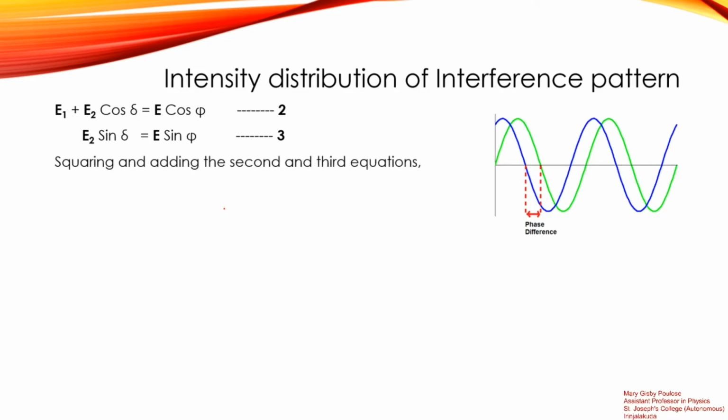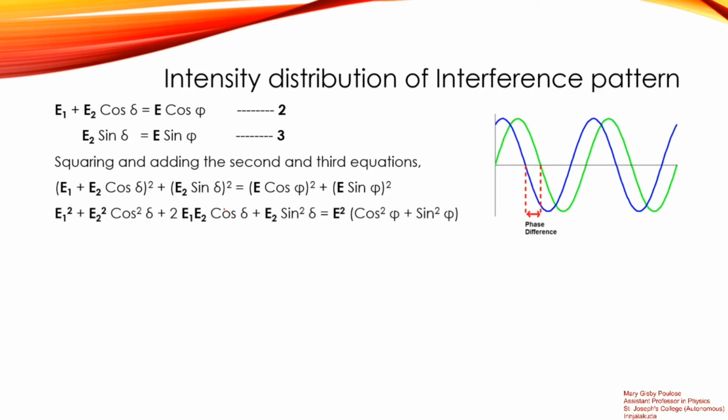So, squaring and adding the second and third equations, we get (E1 + E2 cos δ)² + (E2 sin δ)² = (E cos φ)² + (E sin φ)². On expansion, we get E1² + E2² cos²δ + 2E1E2 cos δ + E2² sin²δ = E²(cos²φ + sin²φ).